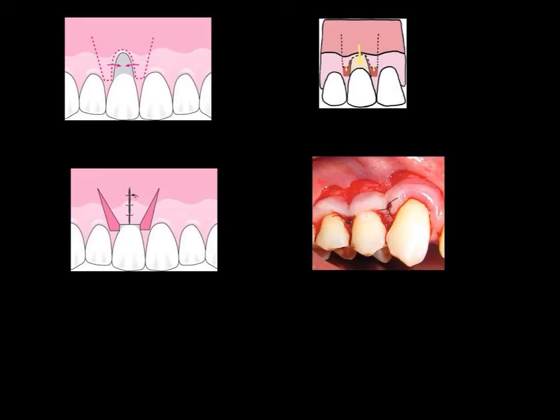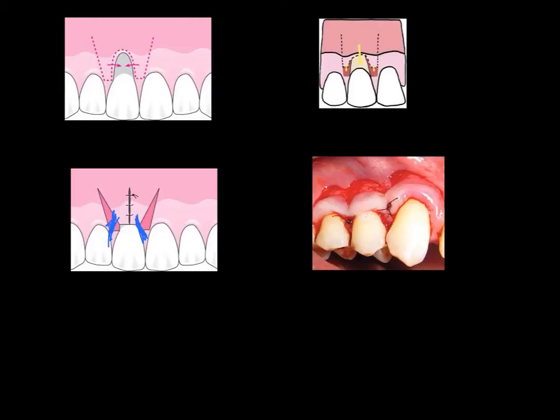A sling suture is placed around the tooth to hold the grafted tissue in its position. Here, backward, a sling suture to prevent the flap from being displaced apically.